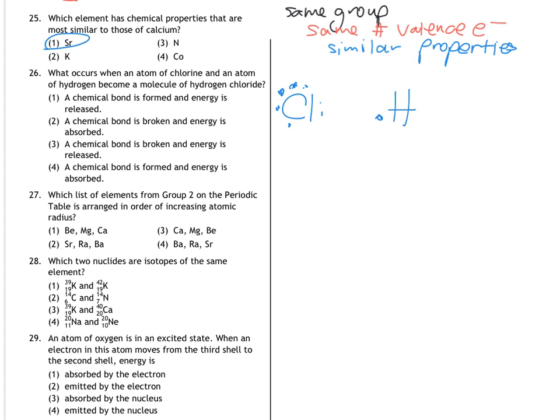So what generally happens is hydrogen gives an electron to Cl, and then you have your molecule. They want to know what happens sort of in general when that occurs though, and since stability is increasing, that means that energy is going to be released as potential energy decreases.